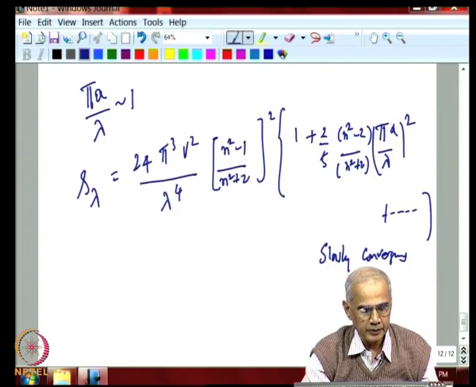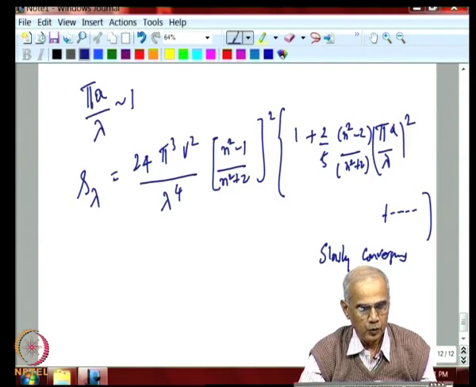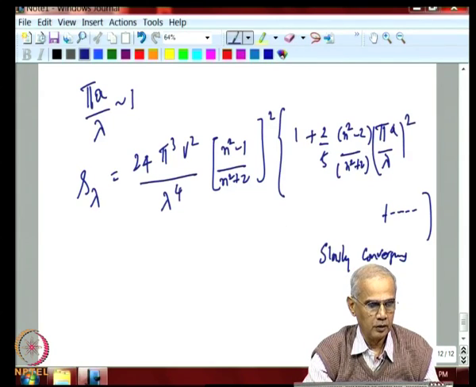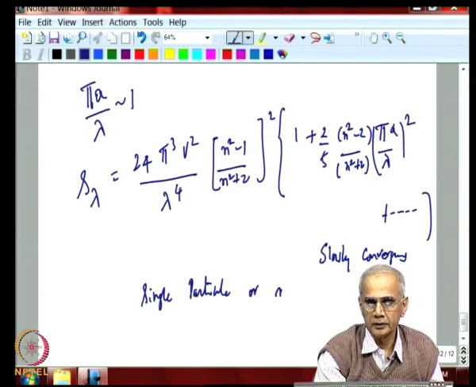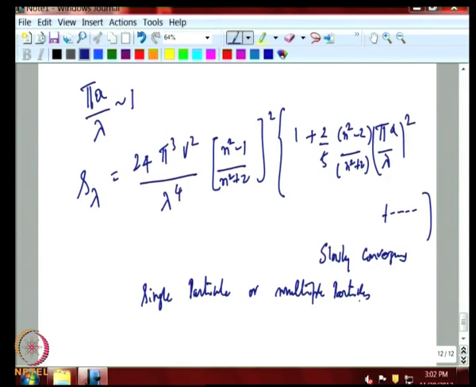Now, another problem that comes in scattering, which we do not normally consider, is whether the scattering is by a single particle or multiple particles. As you can imagine, the scattering of a single particle is very easy to take care of. There is only one particle and the photon is influenced by that particle.